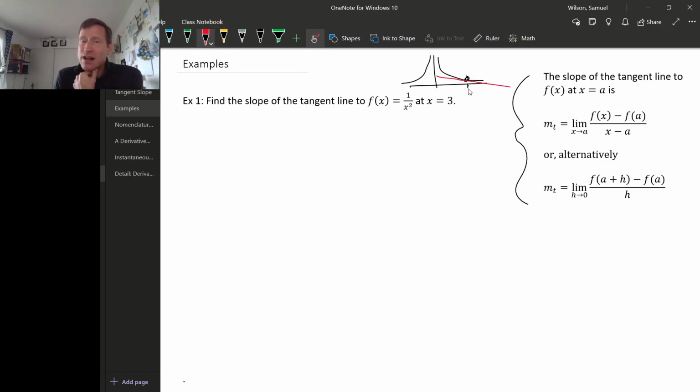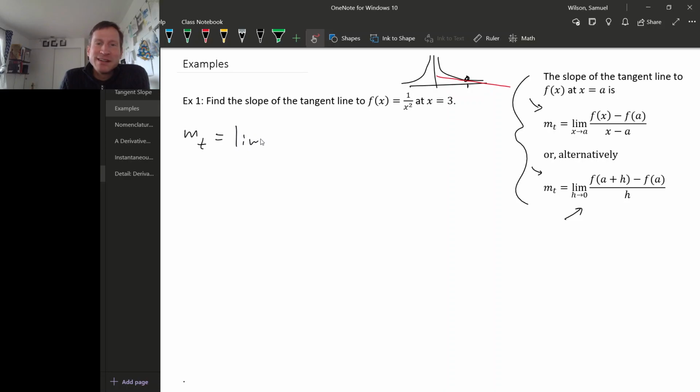So we ought to get a slope that's negative but small, a slope that's close to 0 but on the negative side of 0. So with that in mind, let's go ahead and calculate what the tangent slope should be. We're just going to use one of these two definitions, and I'll use the one with h in it because that's the one that I'm used to.